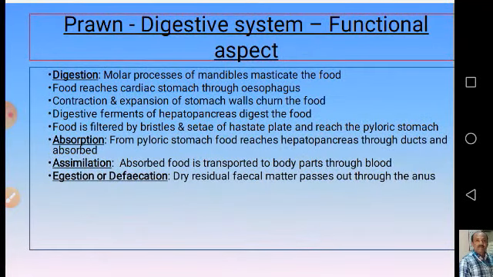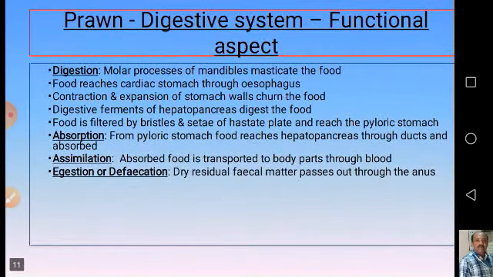In the hepatopancreas the food is absorbed, and the undigested food is passed to the dorsal chamber of the pyloric stomach, from where it passes back into the midgut. And if there is any material that is digested and not absorbed completely, after entering the midgut it will be absorbed.